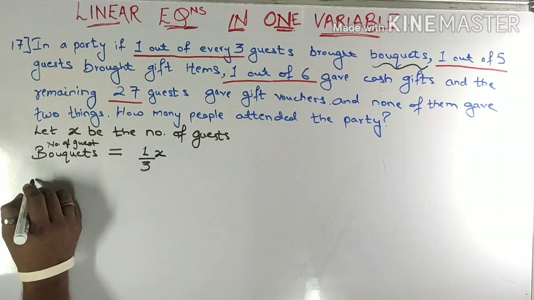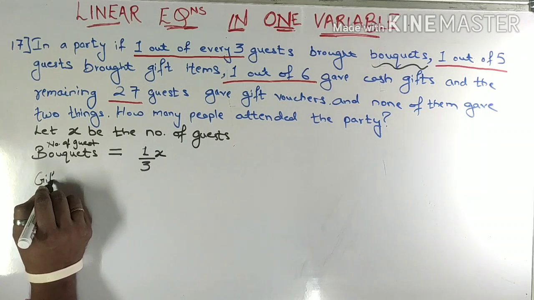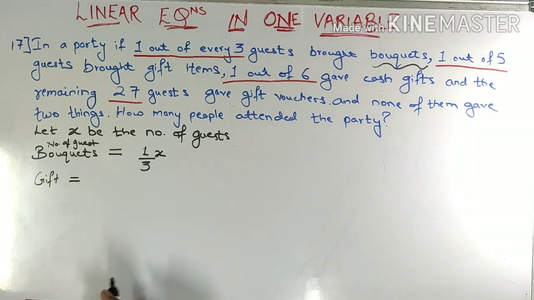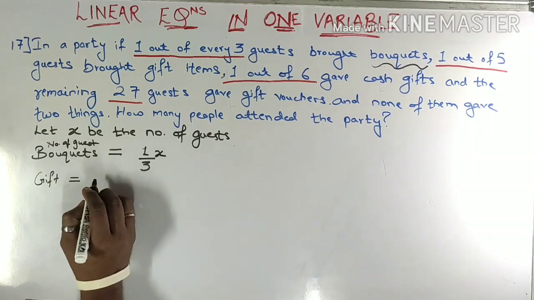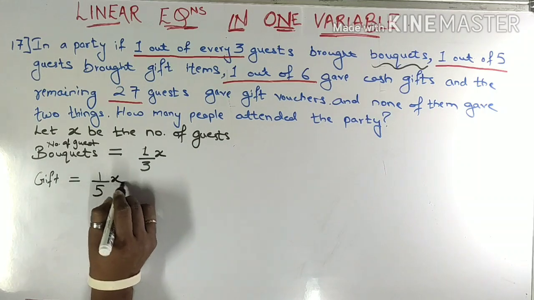Similarly, gift items. The actual gifts brought by number of guests is 1 out of 5 of x.